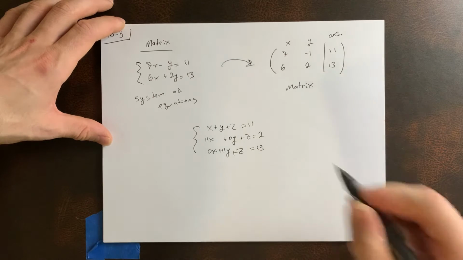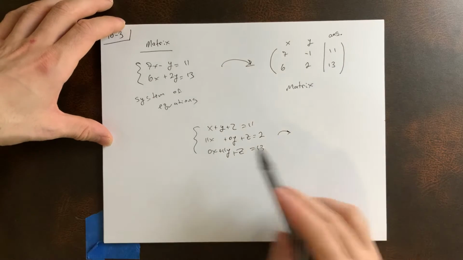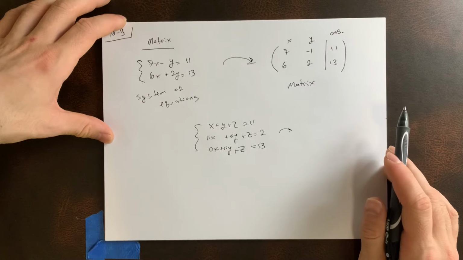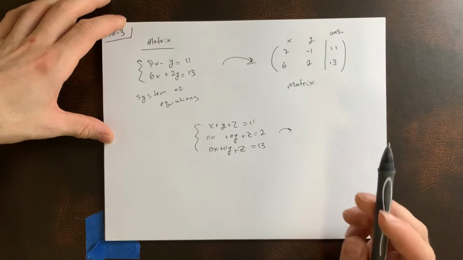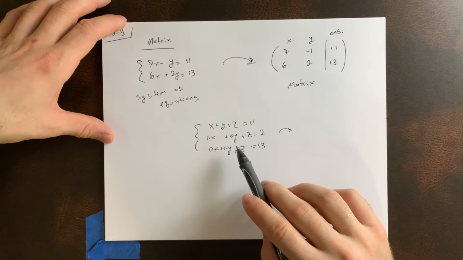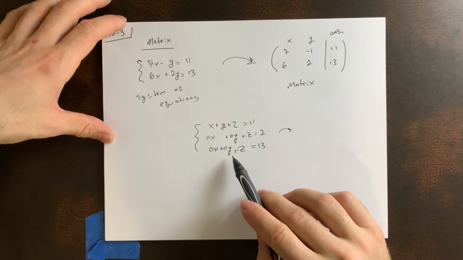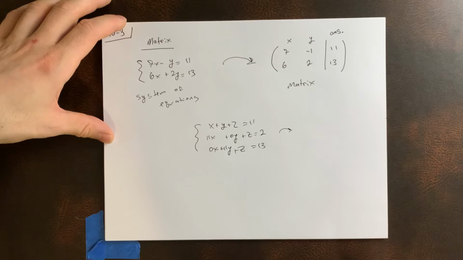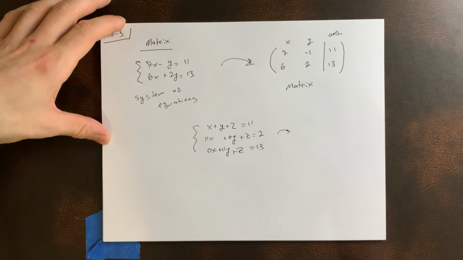So let's talk about the ways we could solve this that we already know of. We're not going to be able to use substitution to solve these, but we could use elimination, but it's going to take a good amount of time, and there's a good chance of getting lost along the way.